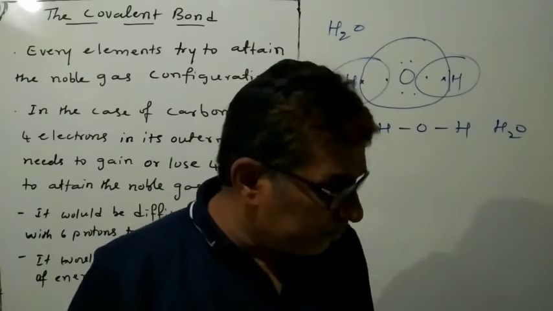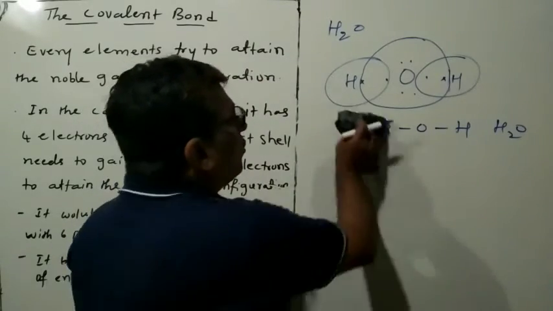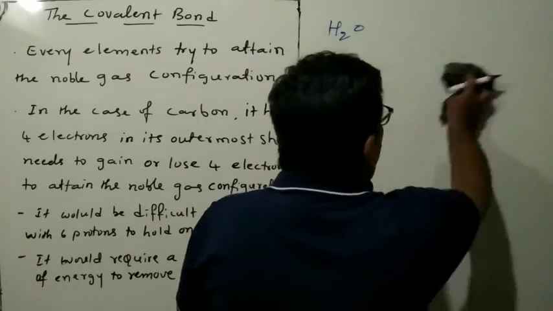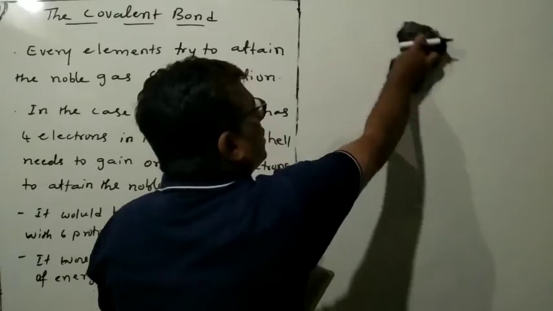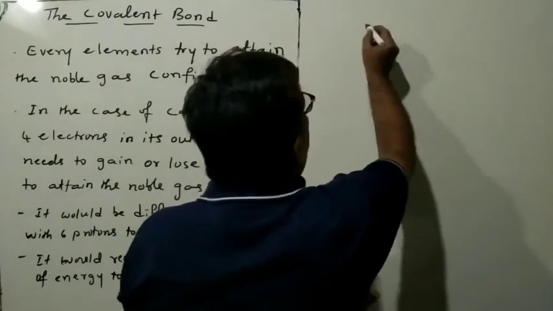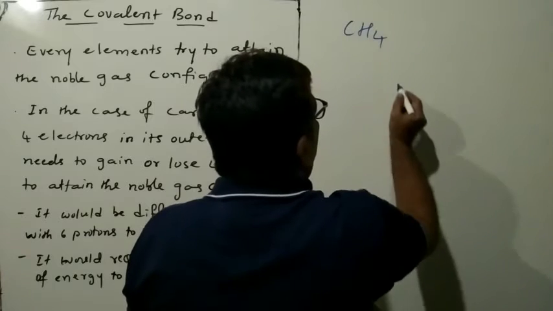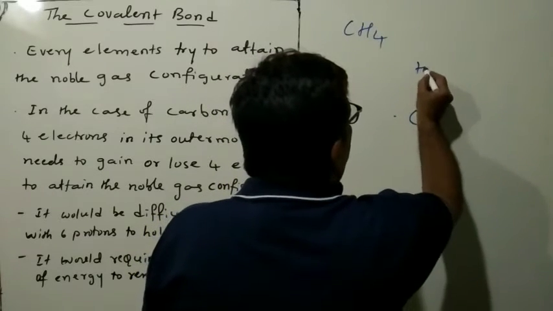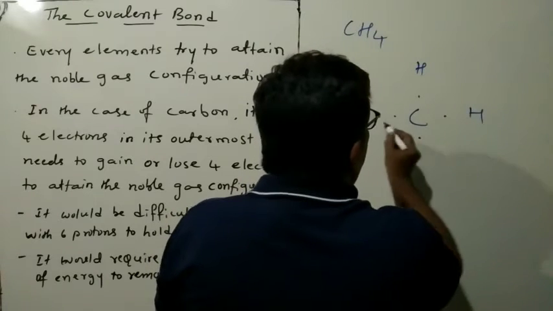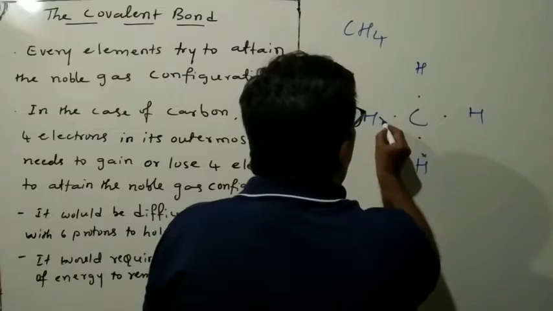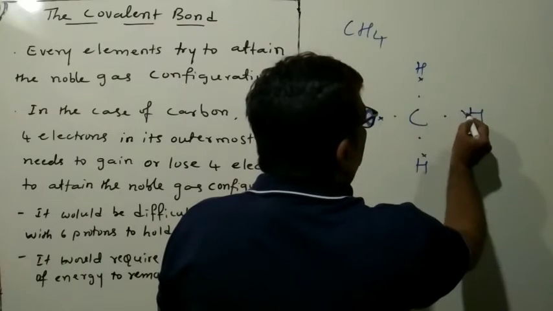So next one, we will go for methane. So methane is very important. You see here, methane. The chemical formula of methane is CH4. So see, okay, H and H and H and H. So okay, you can put the cross sign here. Okay.